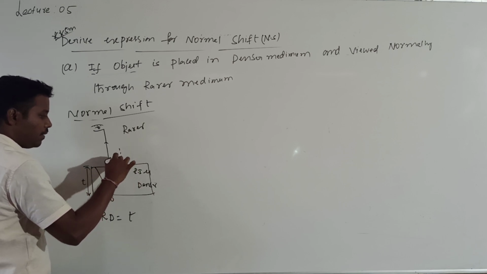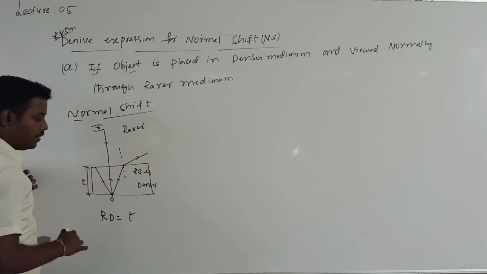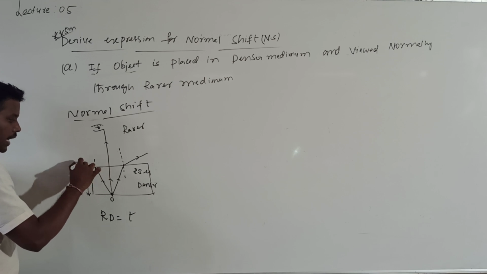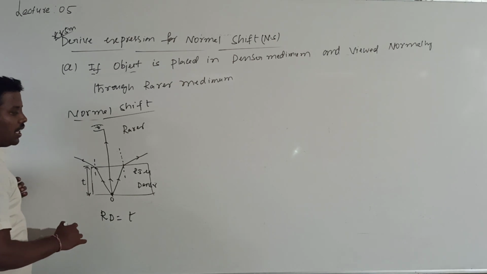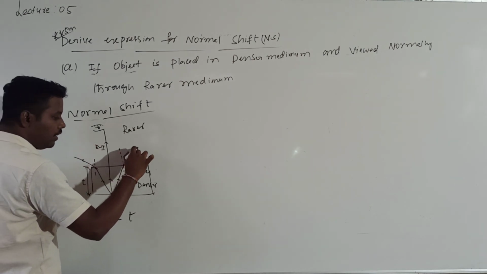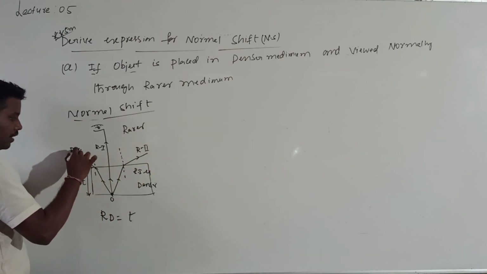Denser to rarer. Due to that reason the light ray will bend away from the normal. Here also the light ray is traveling from denser to rarer, so it will bend away from the normal. So there are totally 3 refracted rays: refracted ray 1, refracted ray 2 and refracted ray 3.